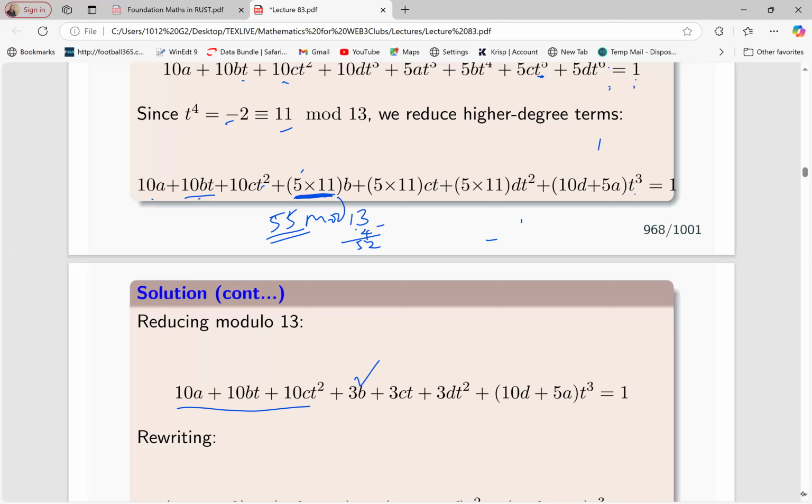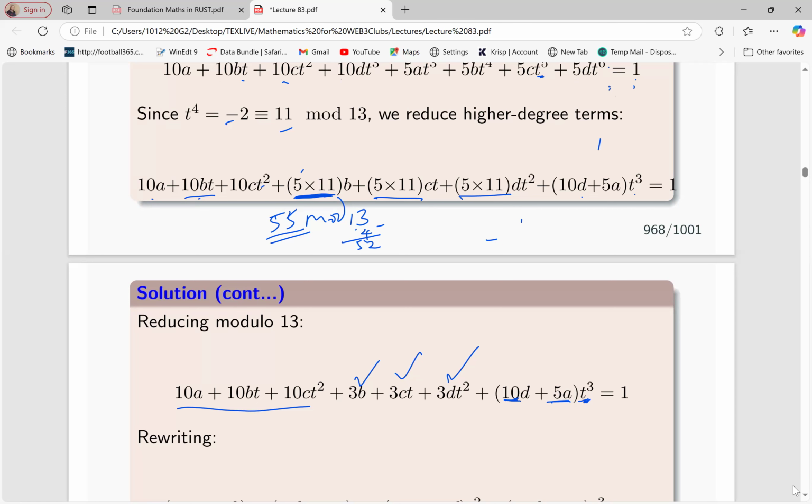So 3b. The same thing happens to that, it will be 3ct, and to that, 3dt squared. And this one I've just maintained because they're different and their coefficients are still small. The only thing they share is t cubed, but the rest are different.